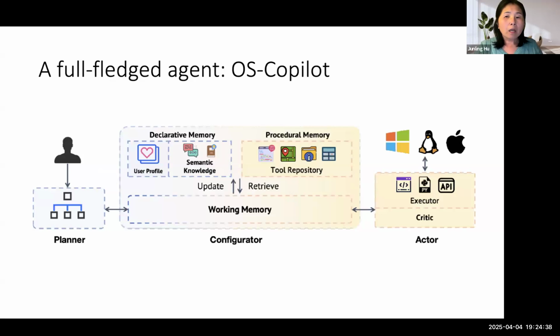So I want to use this example as an illustration of what it is like to have a full-fledged agent. For example, suppose someone deployed this so-called OS Copilot. Suppose you have an agent sitting on your laptop.